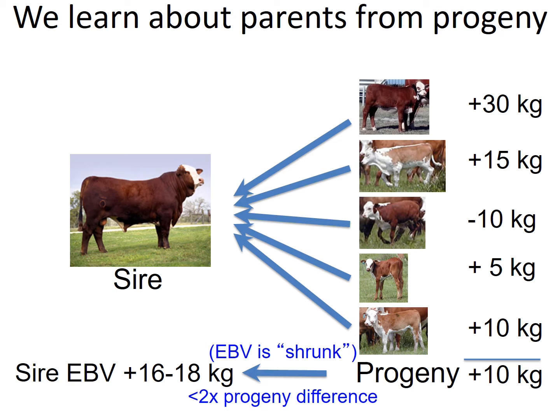So we shrink what we observe based on how much we can believe it. In this case, if the bull had had about 80 odd offspring that had varied but on average were plus 10 kilos above the mean, we would shrink it just a little bit and say the EBV of that sire is likely to be in the range of 16 to 18 kilos.